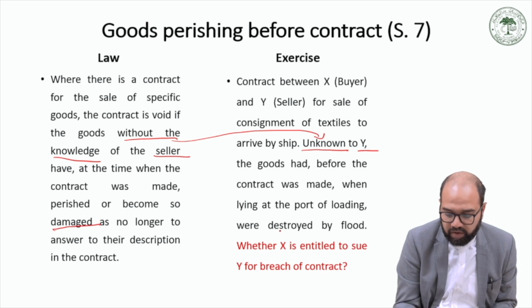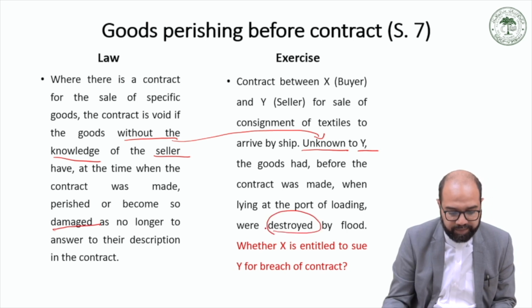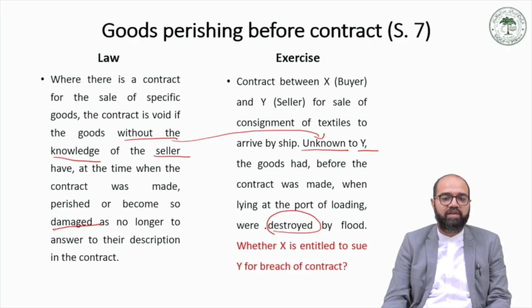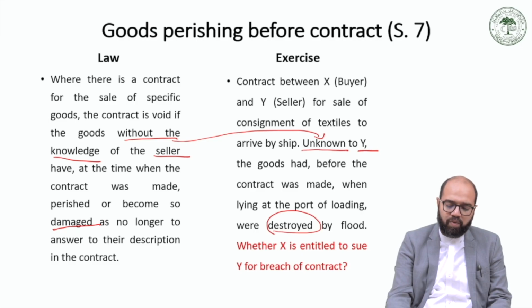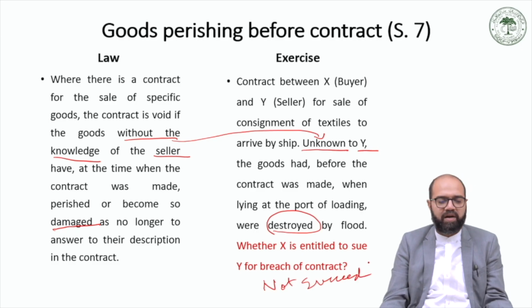So here the goods have been destroyed. So here there is no knowledge or no fault of the seller. So in this case, the case of X, that is the buyer, against Y, that is the seller, will not succeed because the seller will be granted protection under section 7 of the Sale of Goods Act.